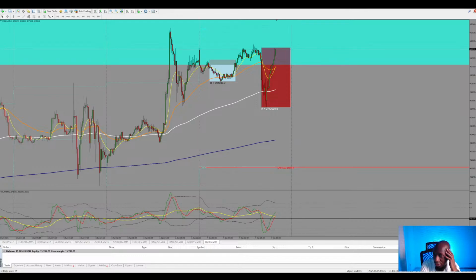It's important for us to do a top-down analysis, but since the higher time frames are the ones that dictate what the trend bias is, and of course, because they are higher time frames, they're going to be moving slower than H1, M15 and M5.